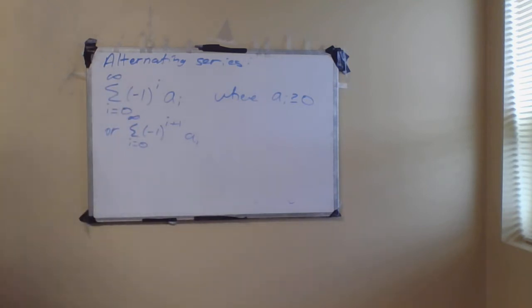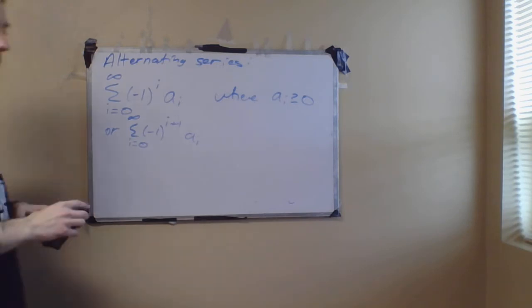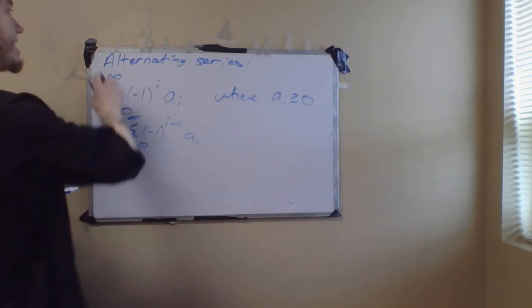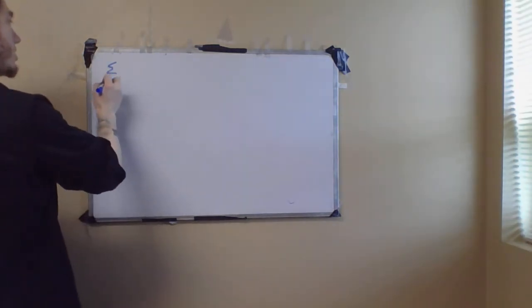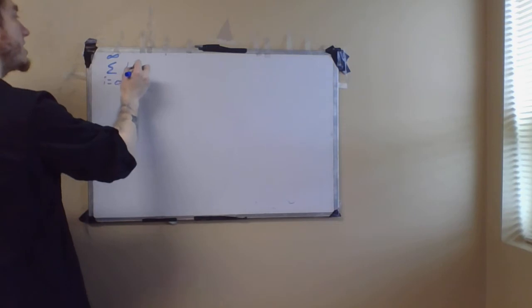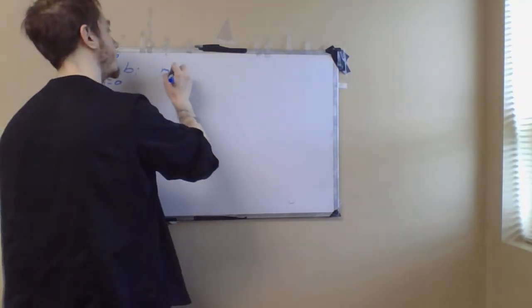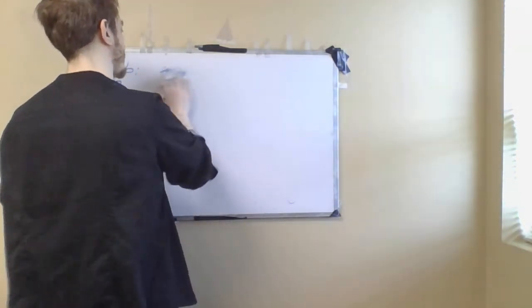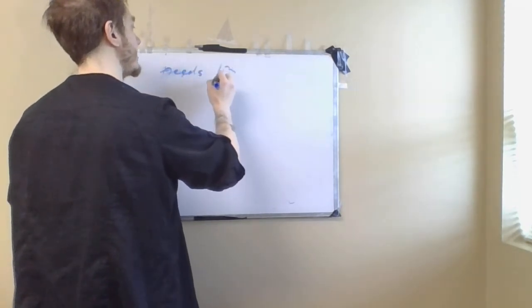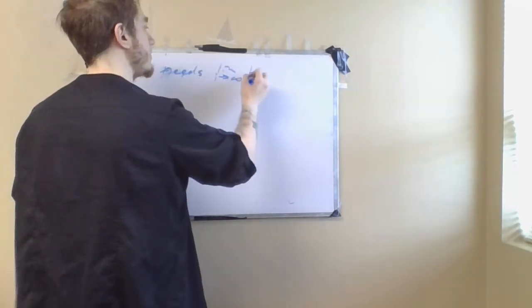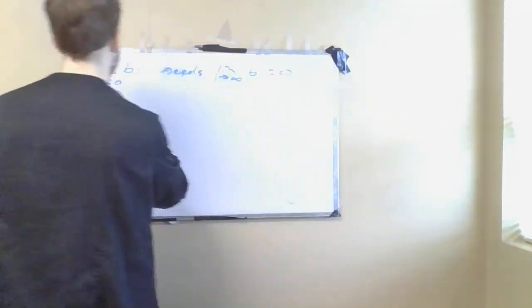Now, here's the nice thing about these alternating series. It is not true in general. Remember that for the sum from 0 to infinity of b sub i to converge, we need the limit as i goes to infinity of b sub i to be equal to 0.